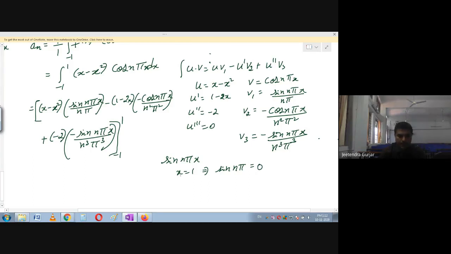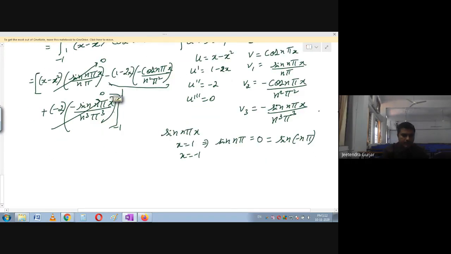Similarly, if you put x is equal to minus 1 also, this is equal to sine minus n pi, which is also 0. Means if you put here 1 and minus 1, this will be 0. What is remaining? Only this term is remaining. We are going to substitute 1 and minus 1.